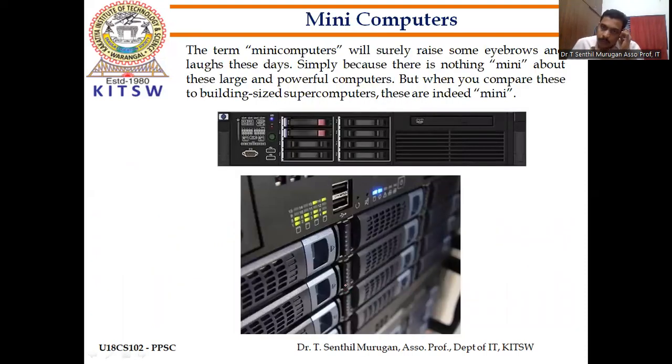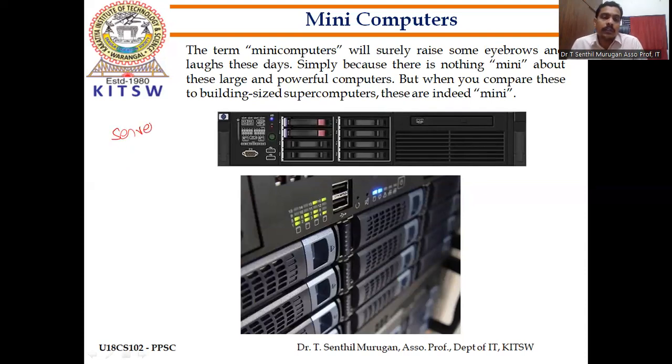Next one is the minicomputer. What is a minicomputer? Compared with the supercomputer and mainframe computer, it's very small in size. When we look at it, these are servers. In a lab, if we have 60 systems, we need to control all 60 systems, so a server is required.